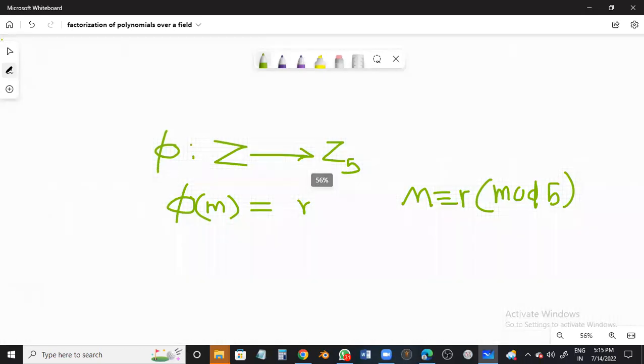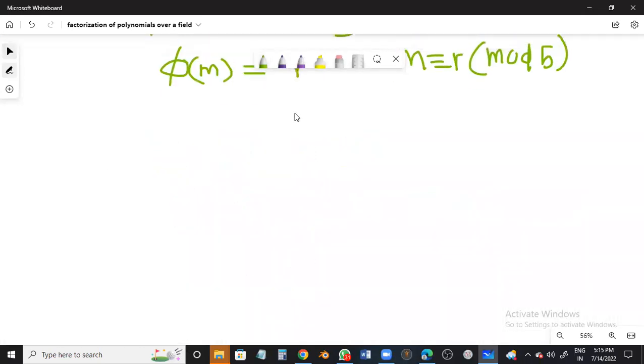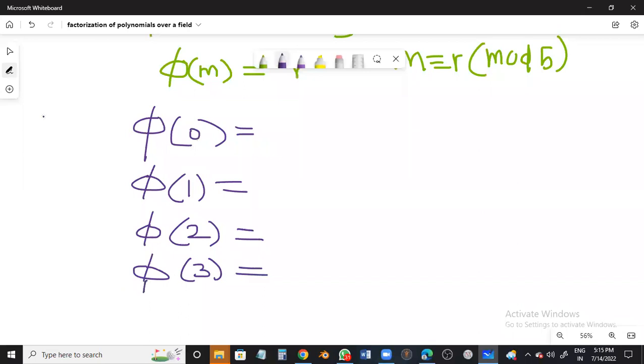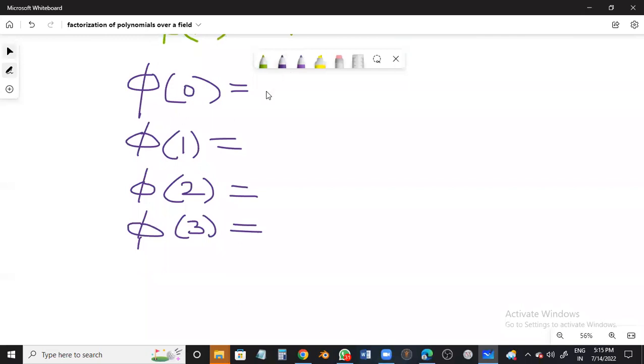If I start with my integers, what is phi of 0? Everything is going modulo 5. What will be phi of 1, phi of 2, phi of 3, and phi of 4?